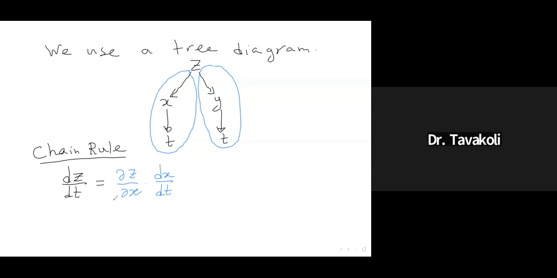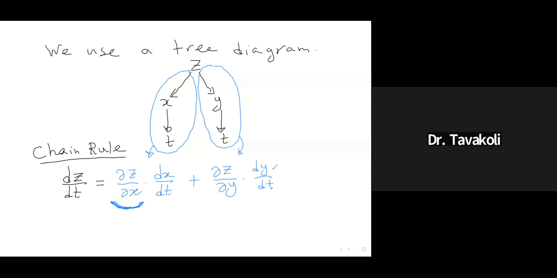But at this level, for the partial derivative of z with respect to x, I needed to use the other, more recent notation, because at the level of x, we also have y. So this is for this chain of functions that I get to t, then plus, I should add it up to the other chain: the partial derivative of z with respect to y times dy over dt.